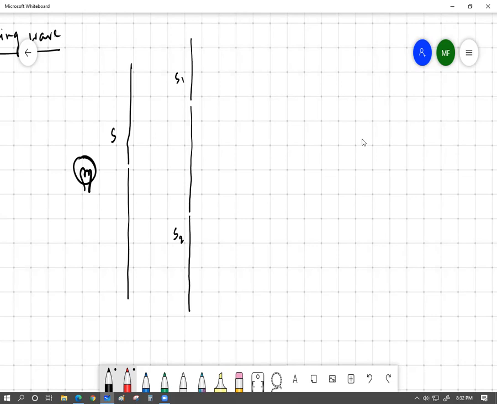Now I want all of you to look at the screen minutely and see if you can tell me whether this distance is equal to this distance. Are these two distances equal?